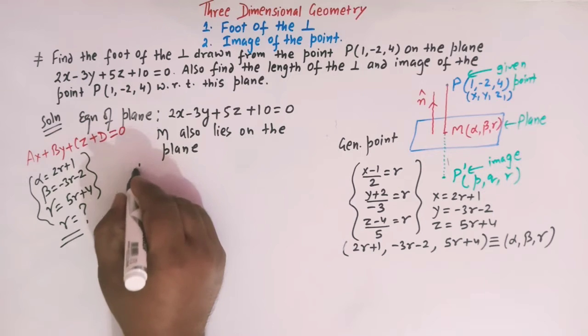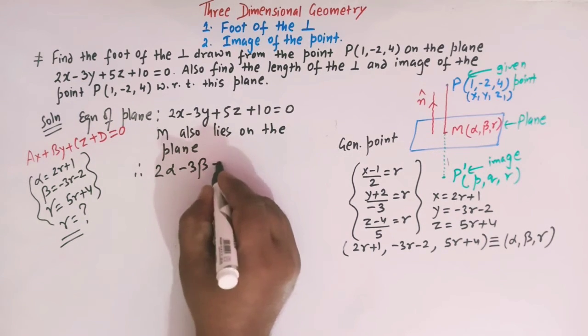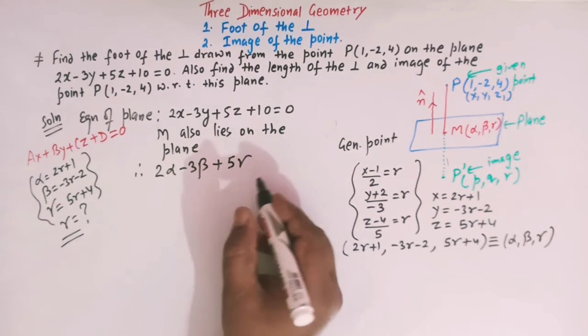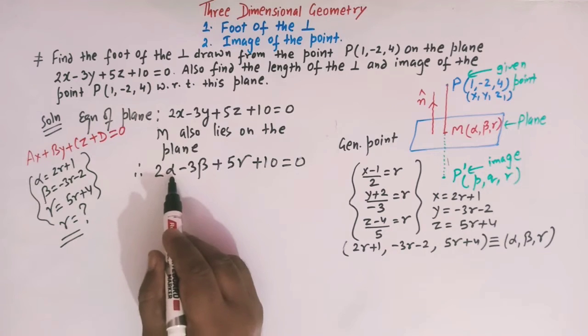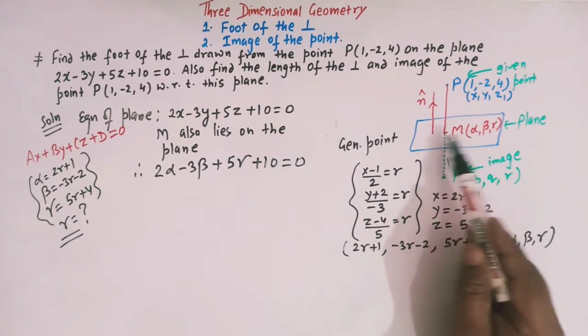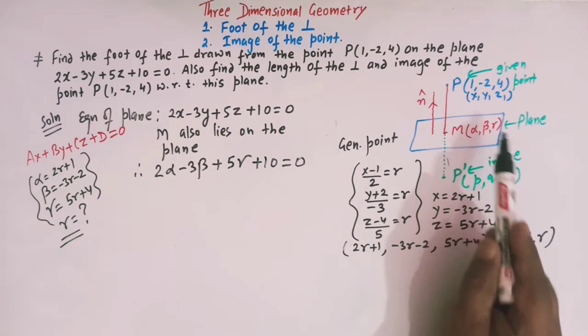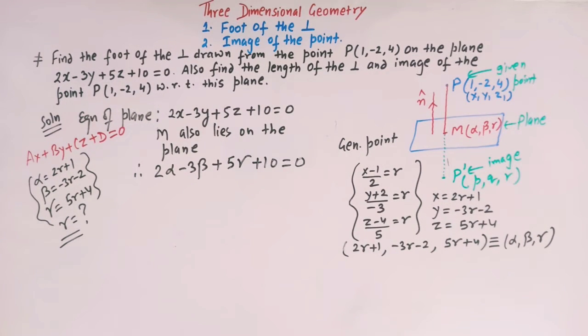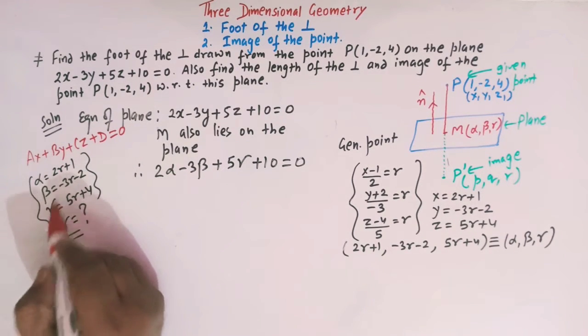So we have 2 alpha minus 3 beta plus 5 gamma plus 10 is equal to 0, right? So alpha, beta, gamma is the point which lies on the plane. So this point alpha, beta, gamma must satisfy the equation of the plane. So now we can substitute alpha, beta, gamma from here.